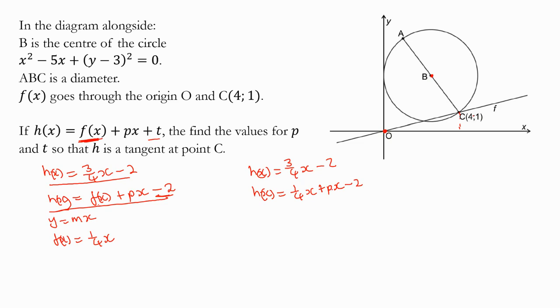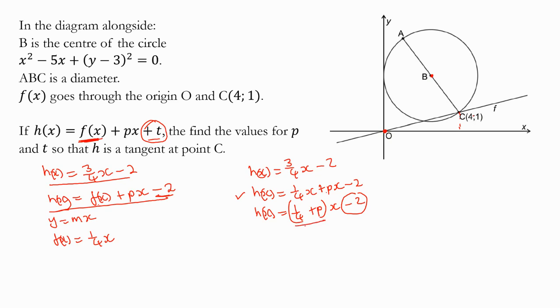We can factor out x and say h of x is equal to 1 over 4 plus p, times x, minus 2. So t is fine, it is negative 2, but let's check x.